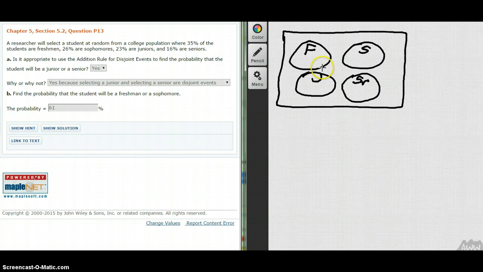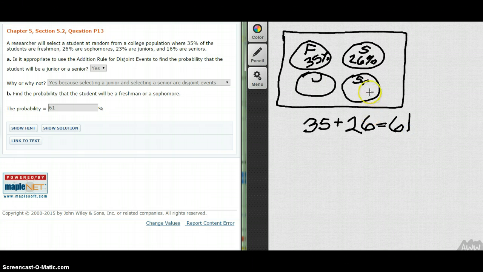So we know that 35% are freshmen, and 26% are sophomores. So if we want the total of being in one of these two categories, we just add them to get 61.